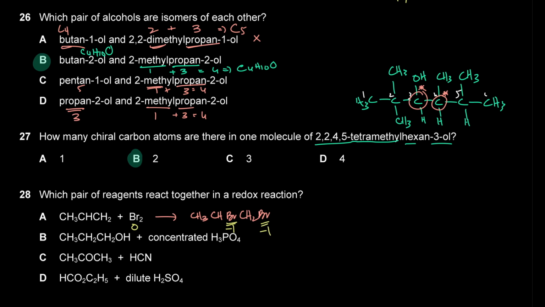So whenever something is converted from elemental form to be part of some compound, it will always be a redox reaction, because the oxidation number will always be 0 in the elemental form, and then non-zero in the compound, right? So here bromine is undergoing reduction, it is the oxidizing agent, okay, and the propene is being oxidized, it is the reducing agent. So the answer here is A.